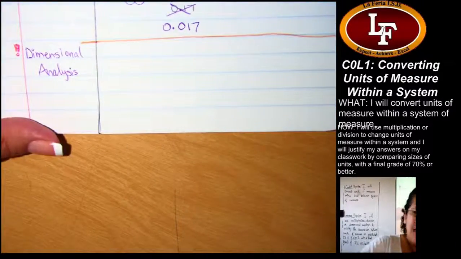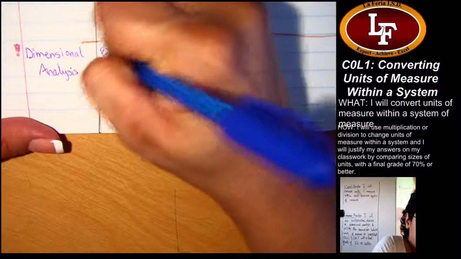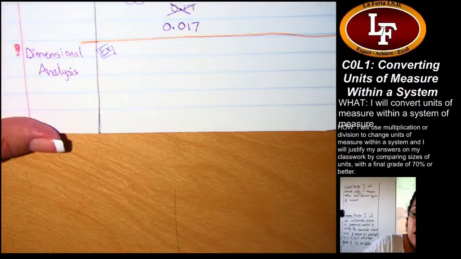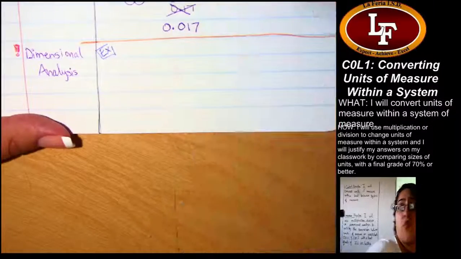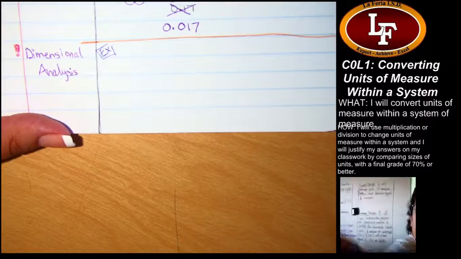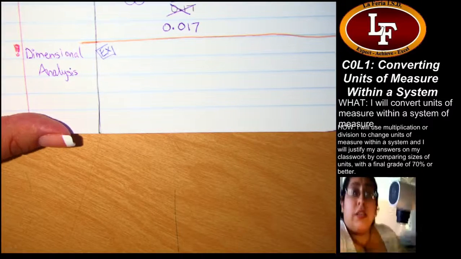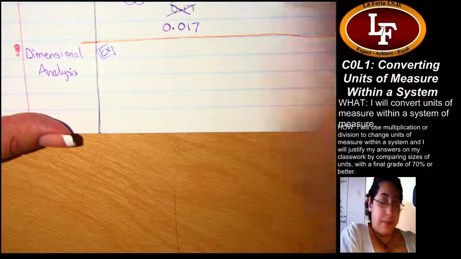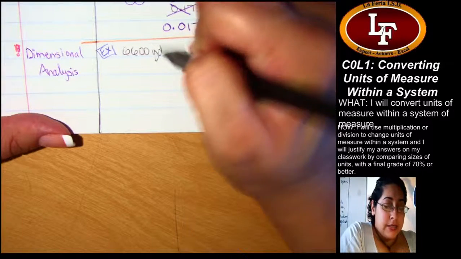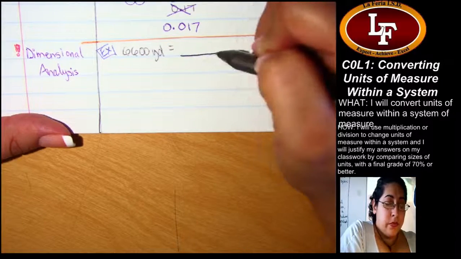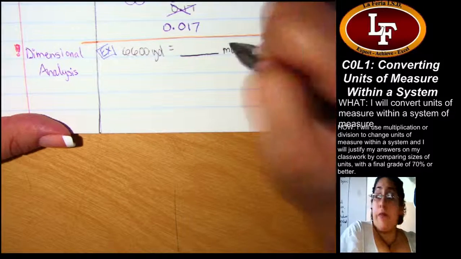Dimensional analysis. All right. Here's the example. Somewhere in your work for lesson 1, you may have already seen a problem that looks a little something like this. Some number of yards equals some number of miles.